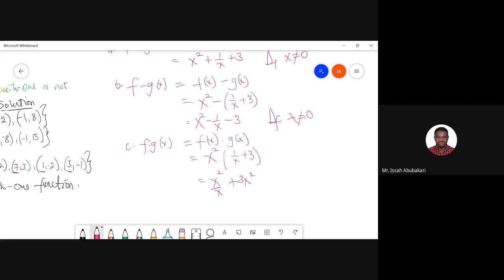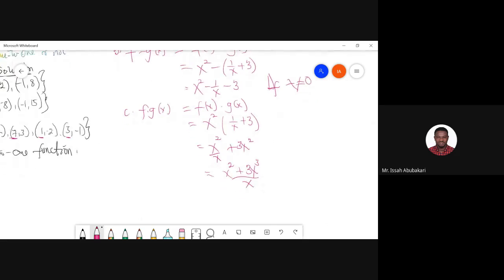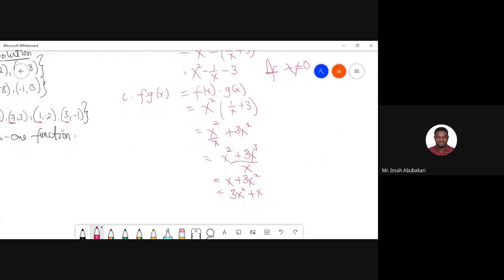Finding the LCM of this, you are going to have x squared plus 3x cubed, all divided by x. And we can also write this as x plus 3x squared. So rewriting this in descending order, we have 3x squared plus x. And the domain is the same, because x should not be equal to 0. The moment x is equal to 0, the function will be undefined.